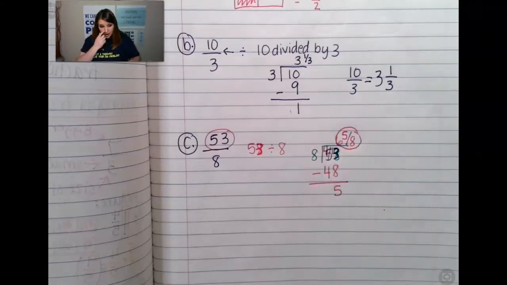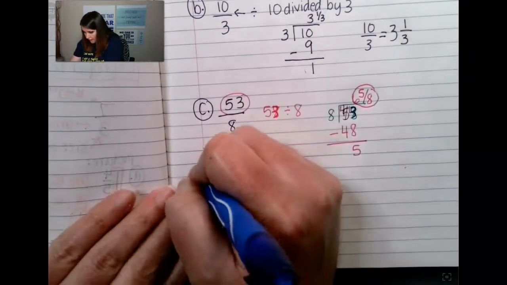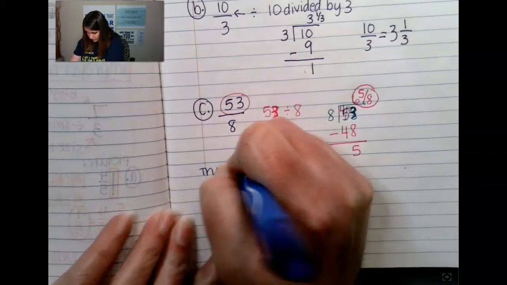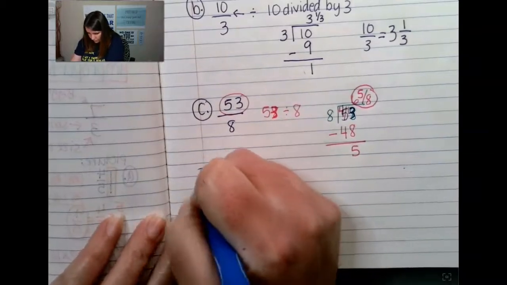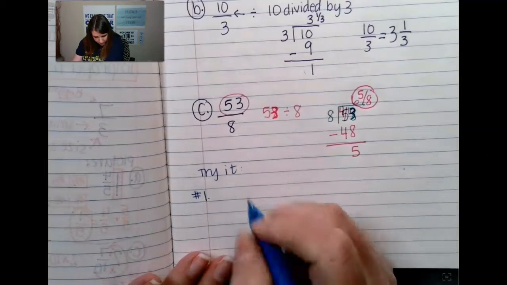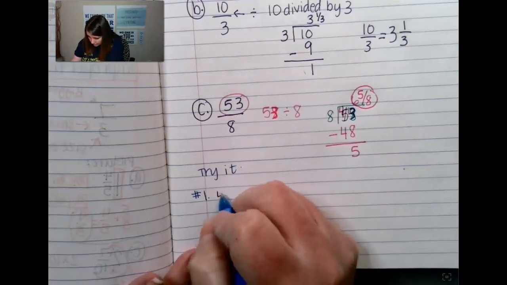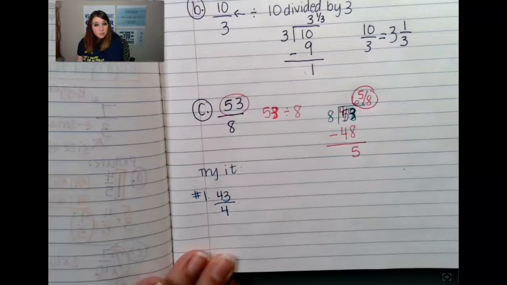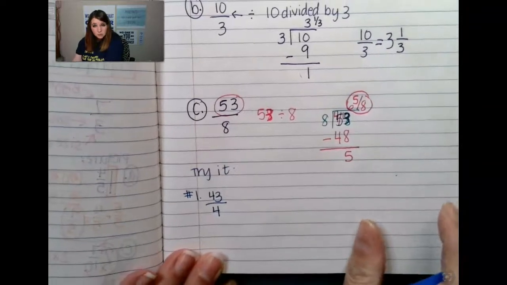Okay, ready for your try it? All right, your try it for today. Okay, try it number 1. Try it number 1 says 43/4. So 43/4, that's the first one.